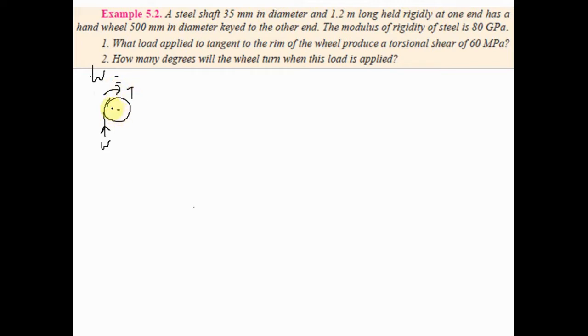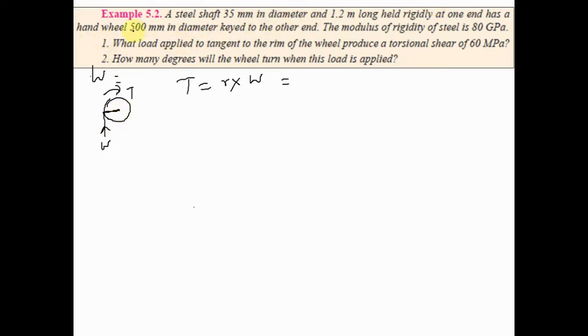So torque, if you write, will be the perpendicular distance multiplied by the load. So the perpendicular distance will be the radius multiplied by W. W is the load that we have to find. So radius we can substitute as, it says 35 millimeters in diameter, sorry, this is the shaft diameter, so we have to take the diameter of the hand wheel because the load is applied on the hand wheel.